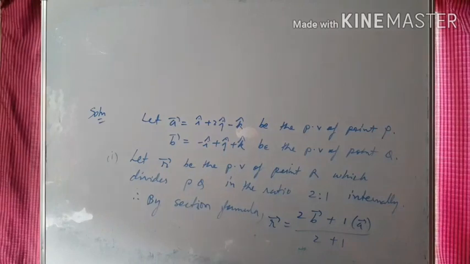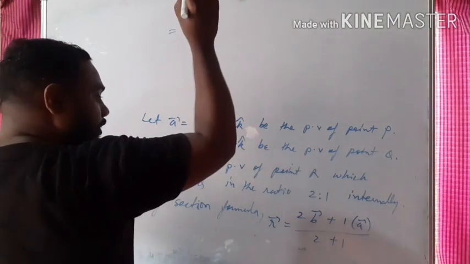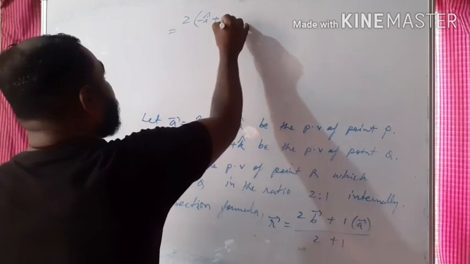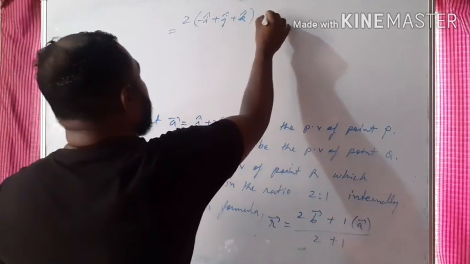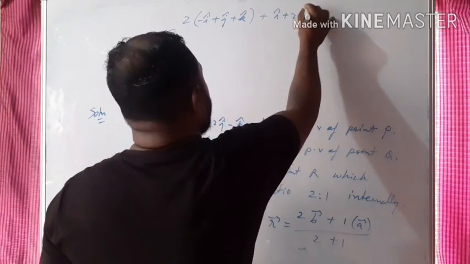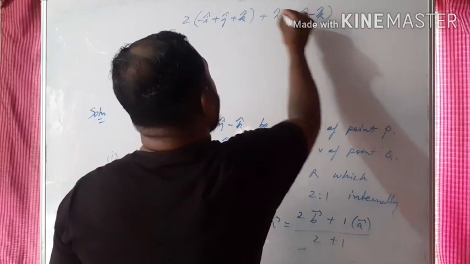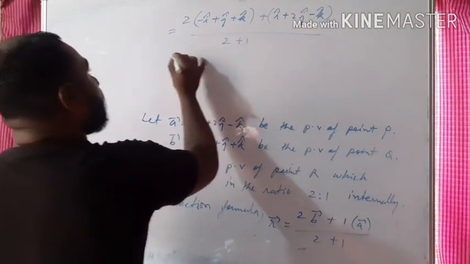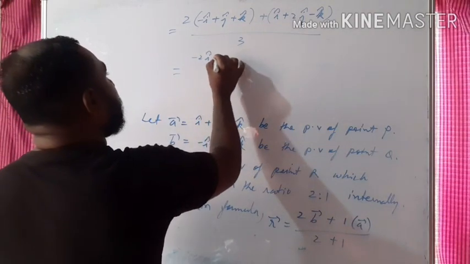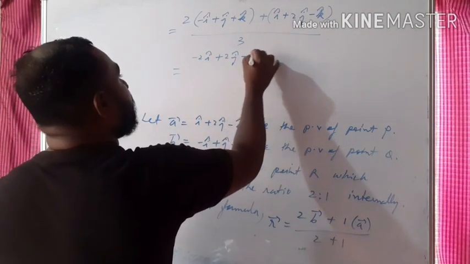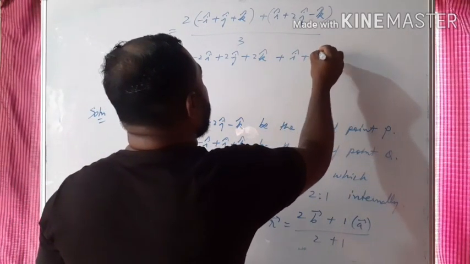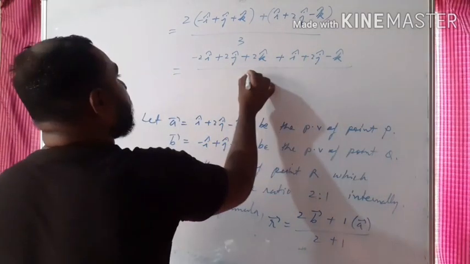So if I continue, then I will get what? 2 into B, where B is minus i plus j plus k, and 1 into A, which is i plus 2j minus k, divided by 2 plus 1, that is 3. So here I will get minus 2i plus 2j plus 2k plus i plus 2j minus k, divided by 3.